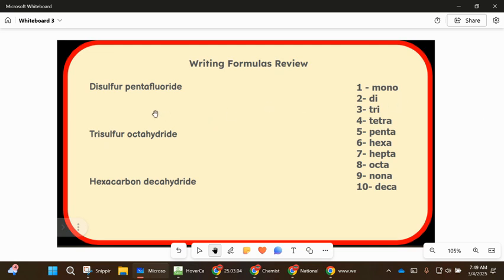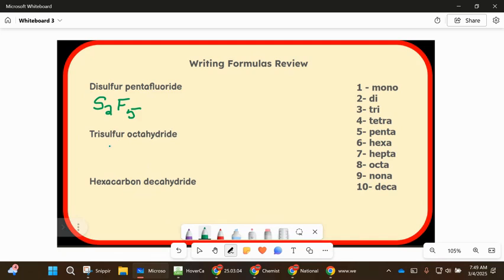So sulfur is S. Di means that there are two of them, so it is S2. No charges, nothing. S2. Penta means how many? Fluoride means F, fluorine. S2F5. There is your compound, ladies and gentlemen. That is it. Okay? You write exactly what the name tells you.